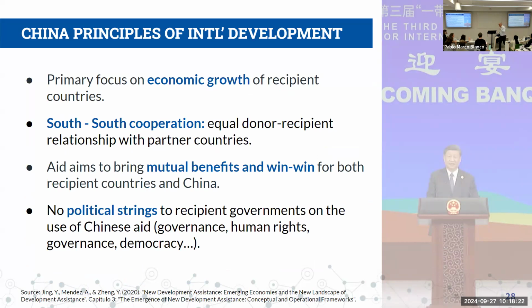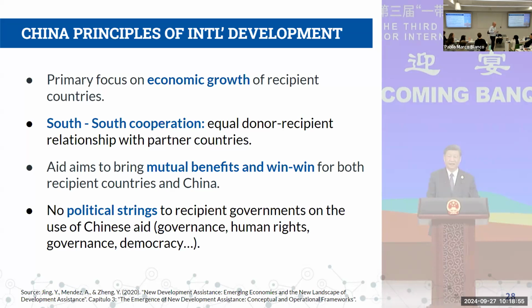It's very clear. The Chinese policy is non-interference in the internal affairs of other countries, so they are never going to say, "Oh, you should democratize." They stress equality in the relationship with partner countries, at least in theory, because at the end, whether you are China or wherever you are, when you are giving the money, you obviously have power. I think very interesting, and many countries in the South appreciate it, is that the logic of Chinese aid is win-win.